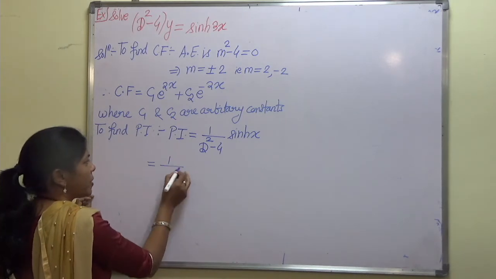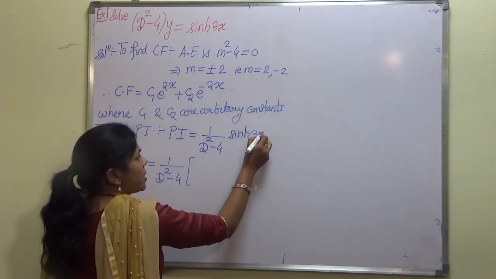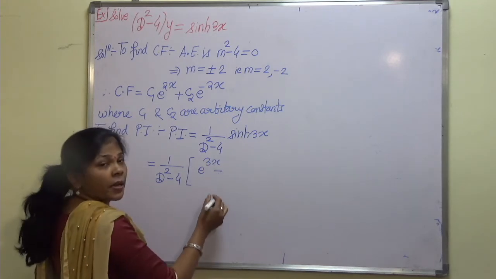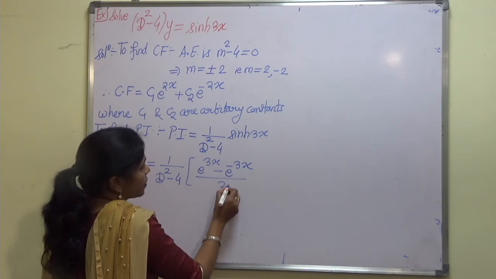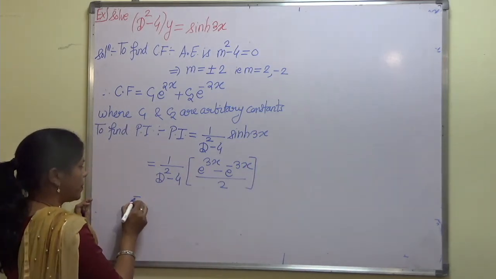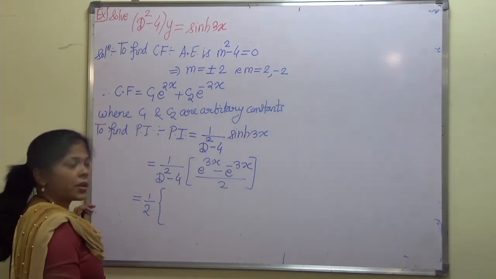So it is 1 upon d square minus 4, and according to definition, sinh 3x is e raised to power 3x minus e raised to power minus 3x upon 2. Okay, now operate this to each term. I'll take 1 by 2 completely outside, constant, right?